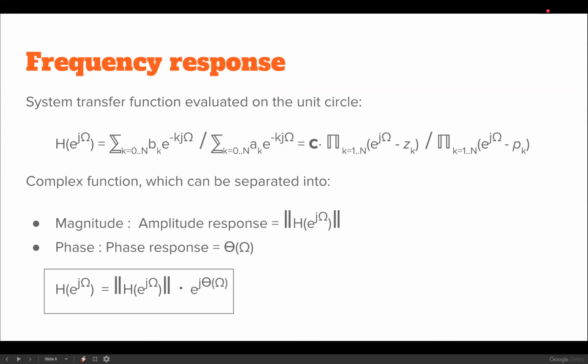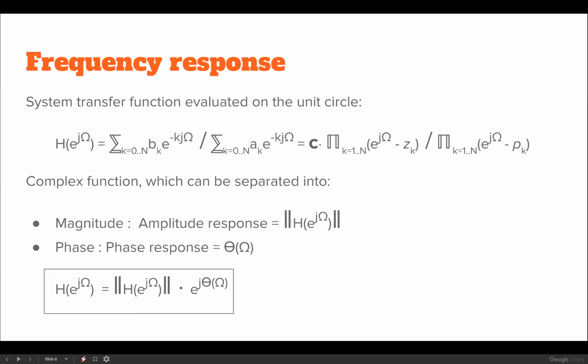But anyway, when you have e to j omega in that form, the transfer function is the sum of bk times z to minus k, divided by the sum of ak times z to minus k.